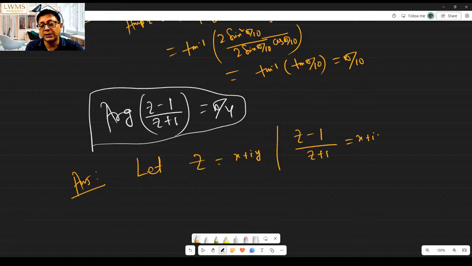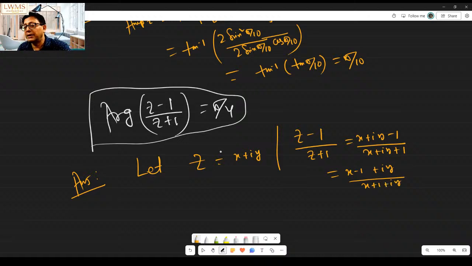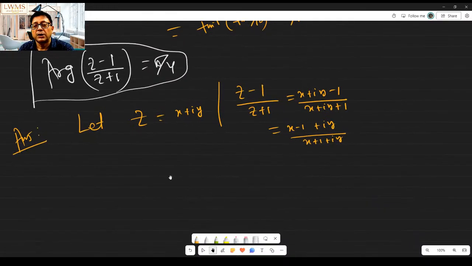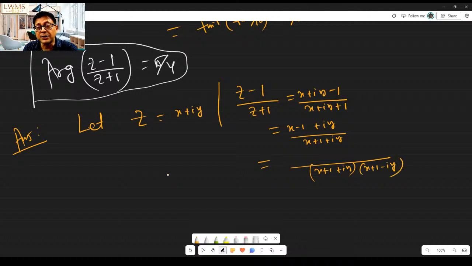This is going to be x plus iy minus 1 over x plus iy plus 1, which is x minus 1 plus iy over x plus 1 plus iy. Clear? So now you write x plus 1 plus iy, I mean, rationalize it.